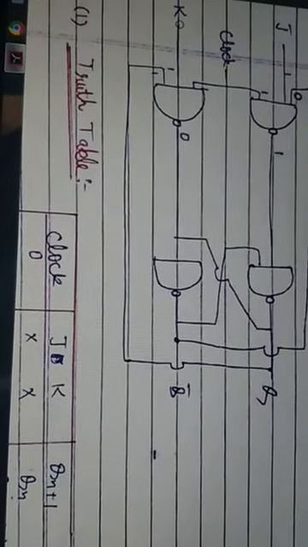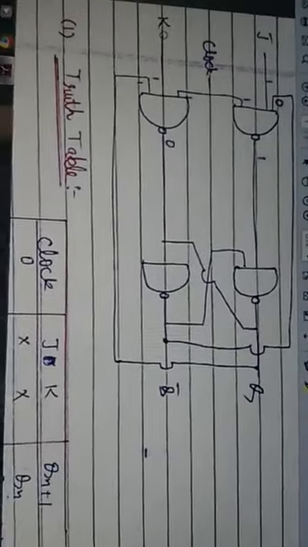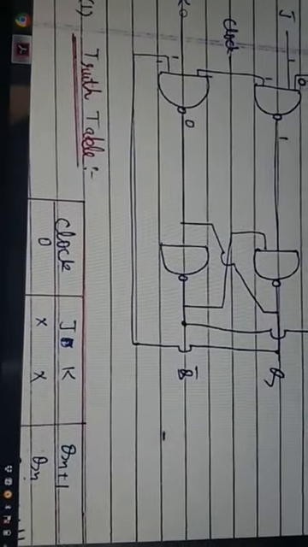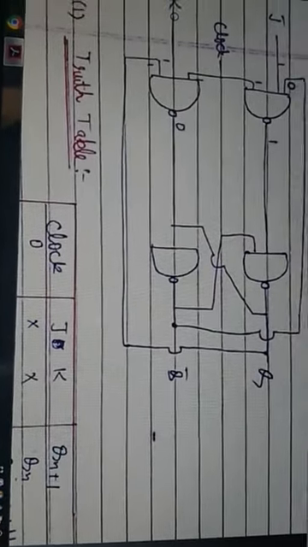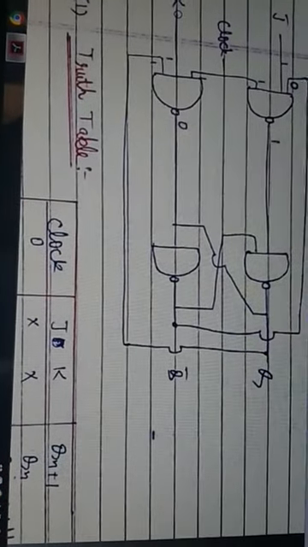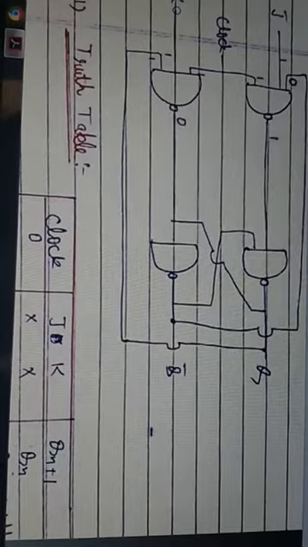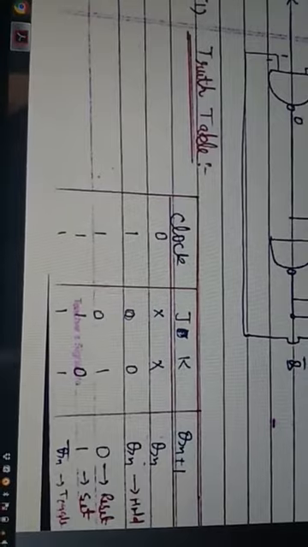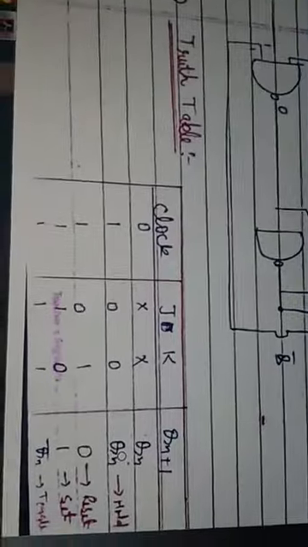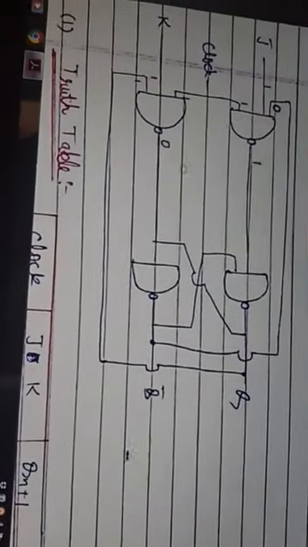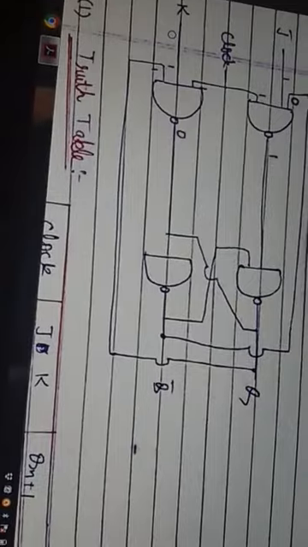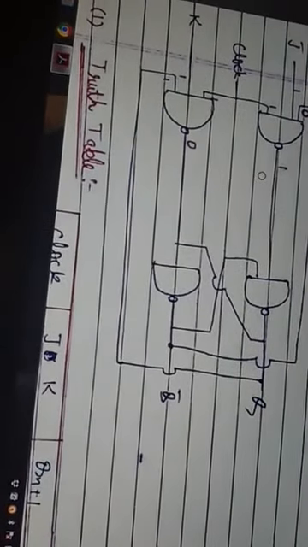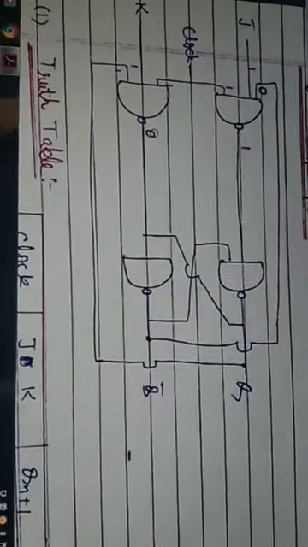If J is 0 and K is 0, then S is 0 and R is 0, because S equals J into Q bar, so S equals 0, and R equals 0. As discussed last day, S 0 and R 0 means no change. So for J 0, K 0, the output is no change, the previous output is kept. If J is 0 and K is 1, then S is 0 and R equals Q bar.